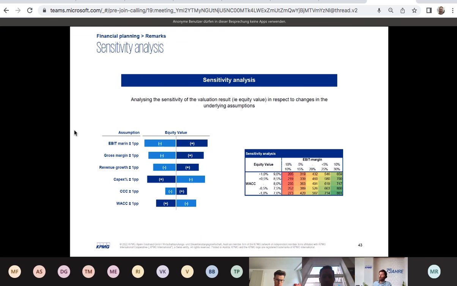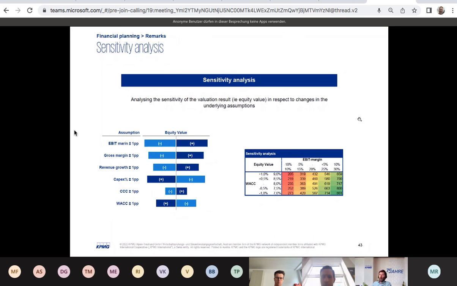And that's a typical picture you will find in a lot of valuation reports, or also in this illustration where you would show changes in margins, in capex, for example, in the cash conversion cycle, the WACC.